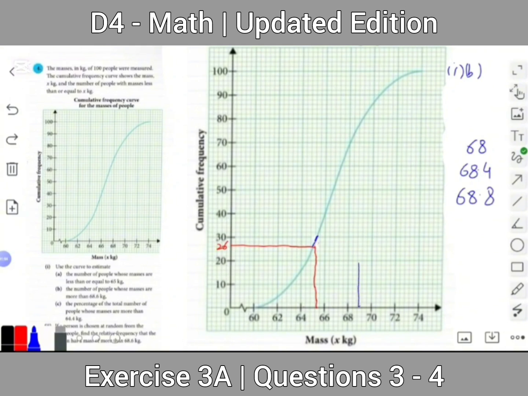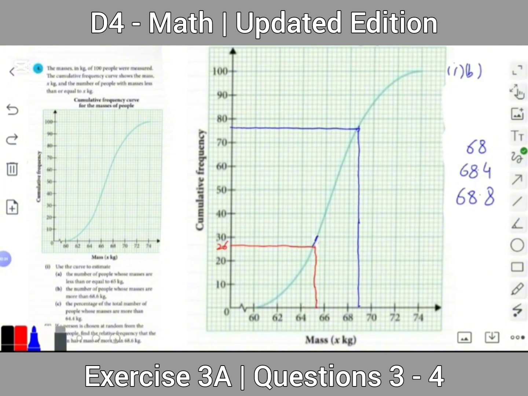From here we will draw a vertical line until it cuts the curve, and from the point of intersection on the curve we will draw a horizontal line until it touches the vertical axis, or y-axis. So here we have 70.